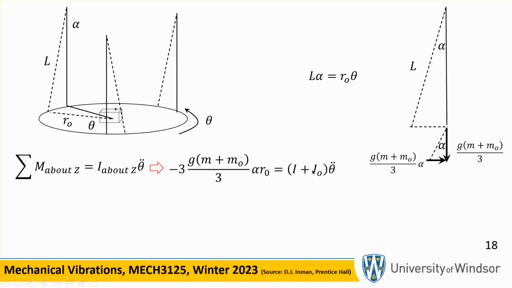So I plus I naught times theta double dot is equal to the torque. The torque is going to be this force multiplied by the moment arm, and there are three of them because there are three such forces acting on each side.